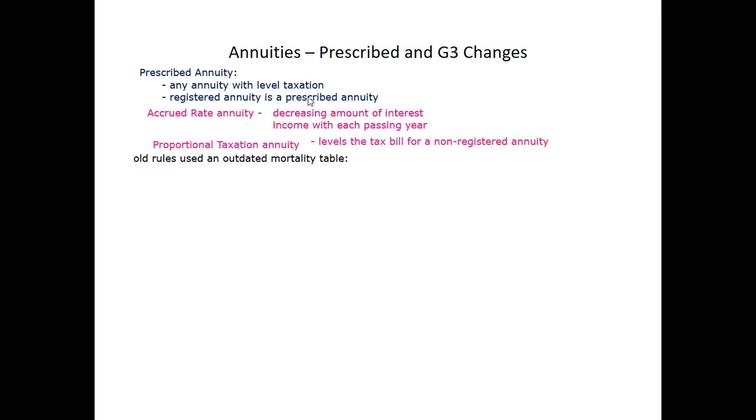Let's say a 72-year-old buys a non-registered annuity, and has, for the sake of argument, $200,000 of principal. Let's say we're working at a 3% annuity rate, which is about what you'd be at today.